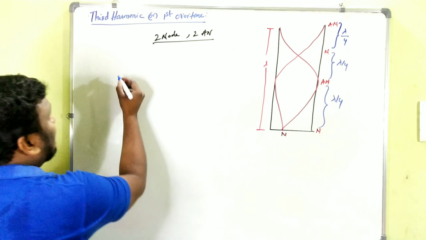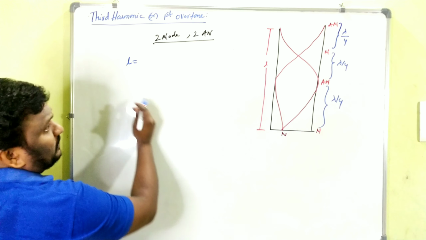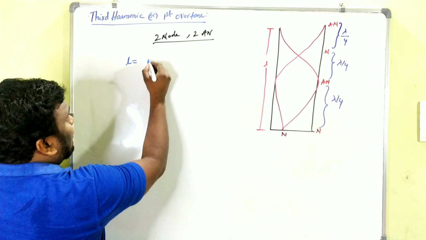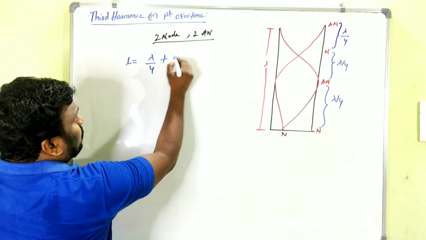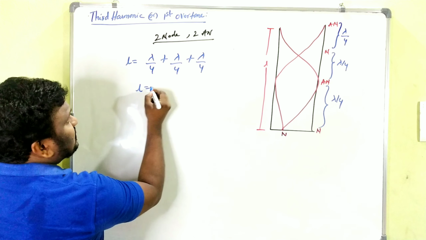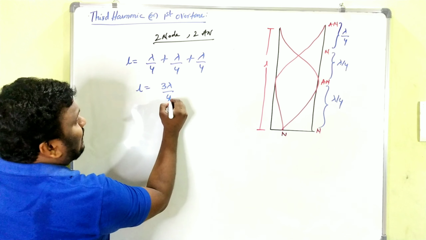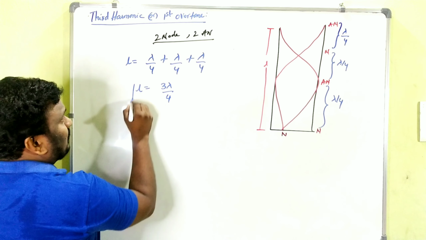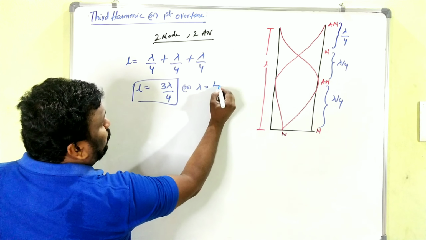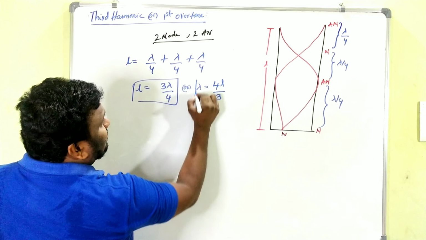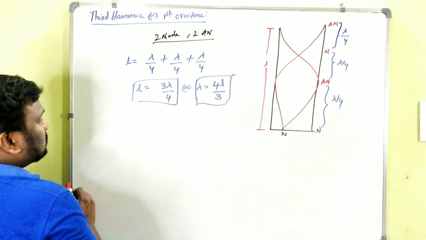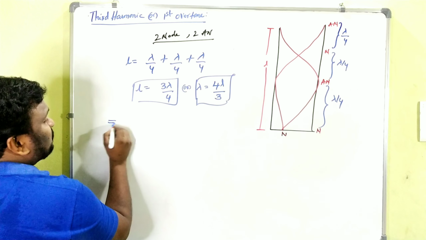That's why the length of the pipe is lambda by 4 plus lambda by 4 plus lambda by 4, that is 3 lambda by 4. L is equal to 3 lambda by 4. From that we can write lambda is equal to 4L by 3, right? And as usual, what we know, the frequency formula is what?